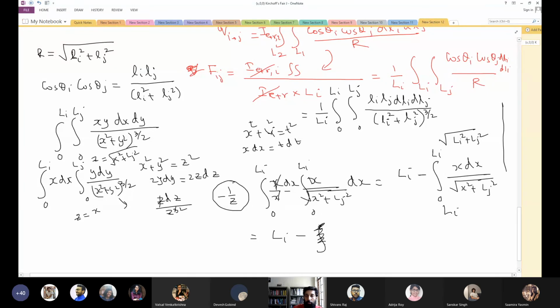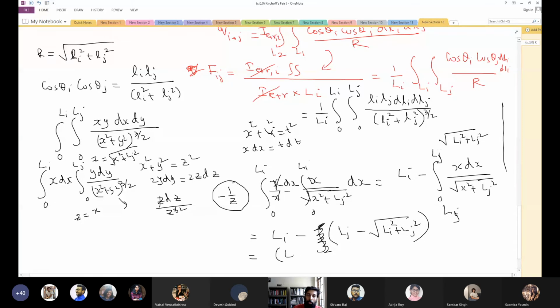So this will be Lj minus the square root of Li square plus Lj square.